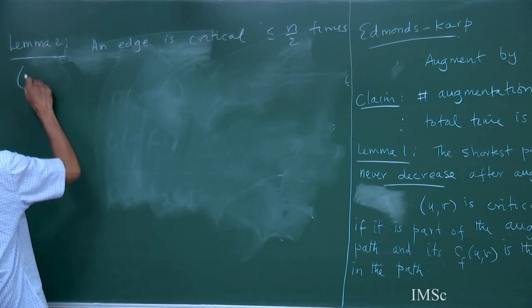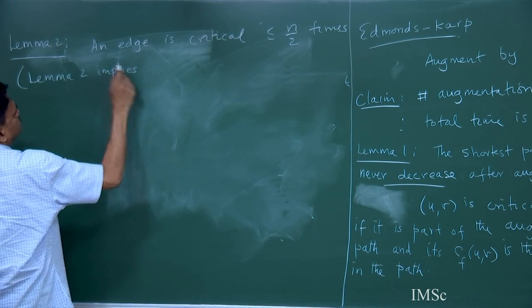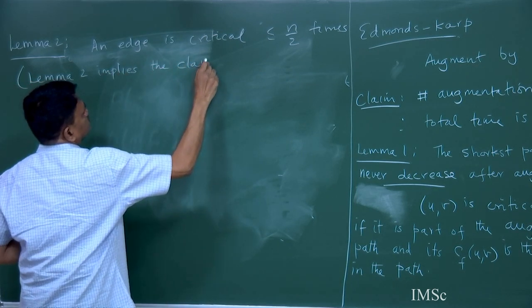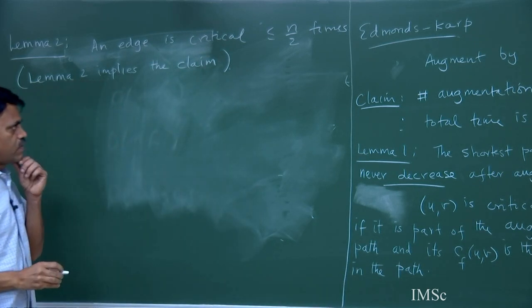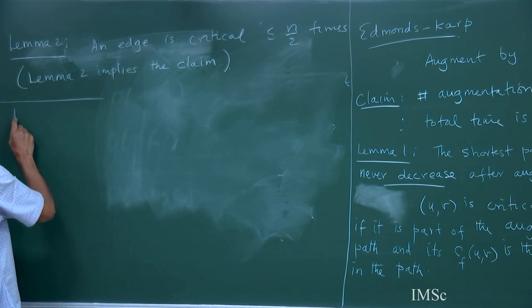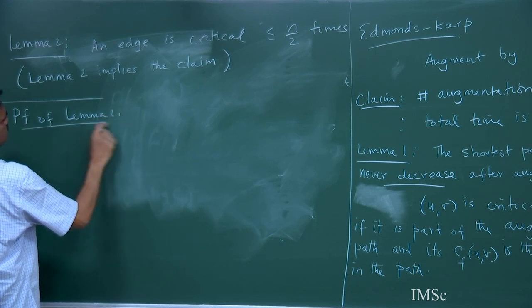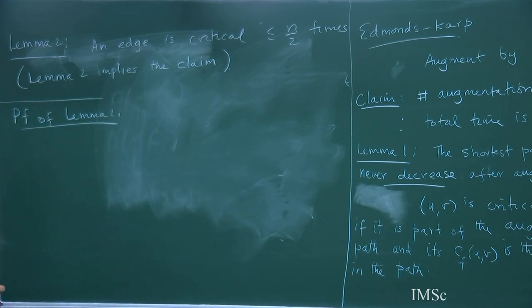Okay, so let me just write that lemma 2 implies the claim. Okay, so now this is not very hard, but it just uses some properties of shortest path.